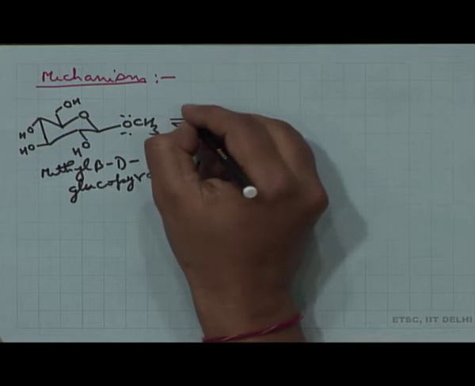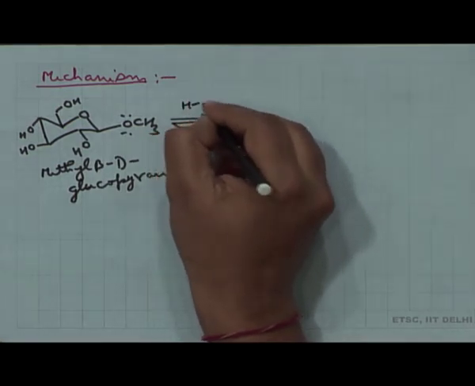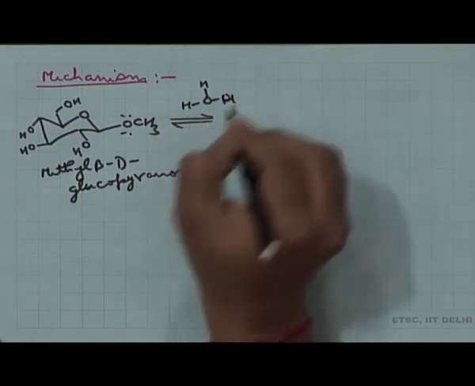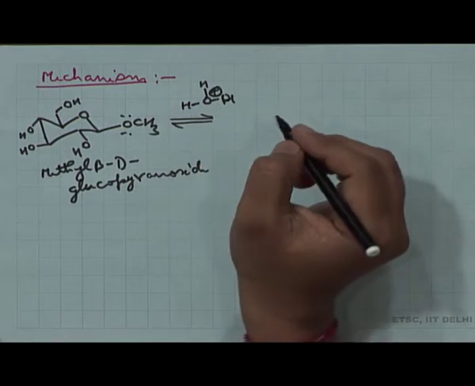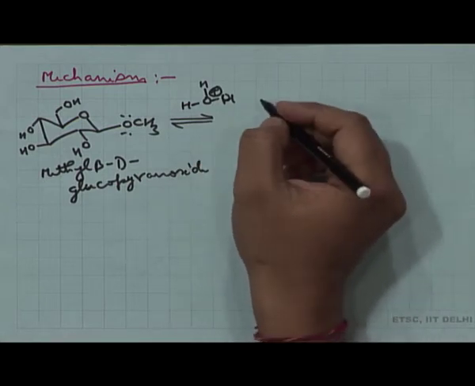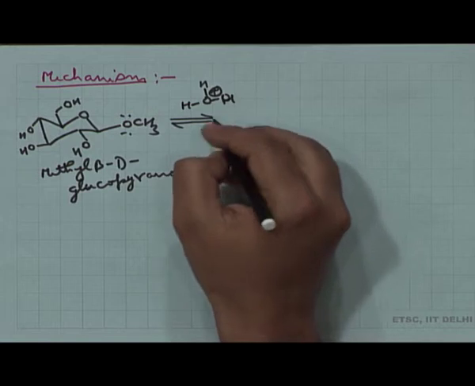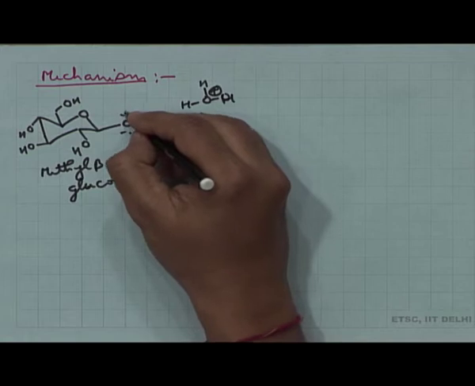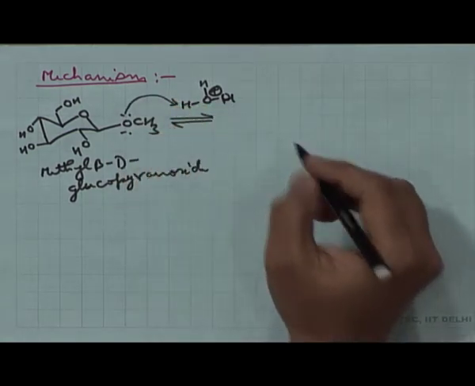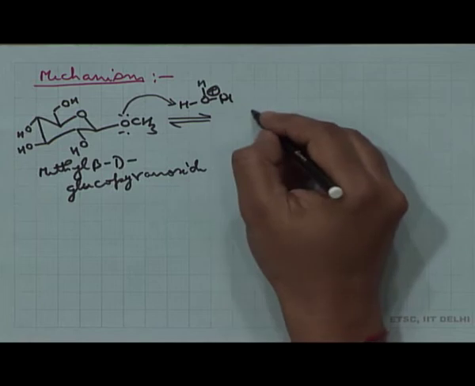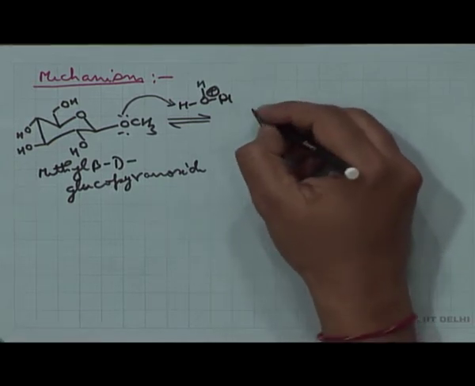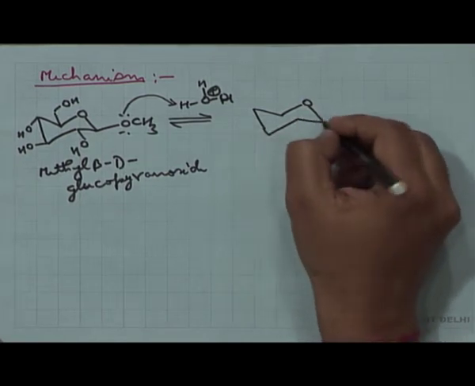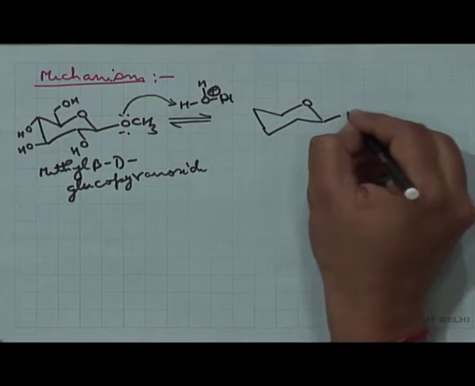Methyl beta-D-glucopyranoside in presence of acid. Here I have taken hydronium ion, that is a protonated water molecule, as acid. So, it will take the proton and it will form the protonated methoxy substitution.